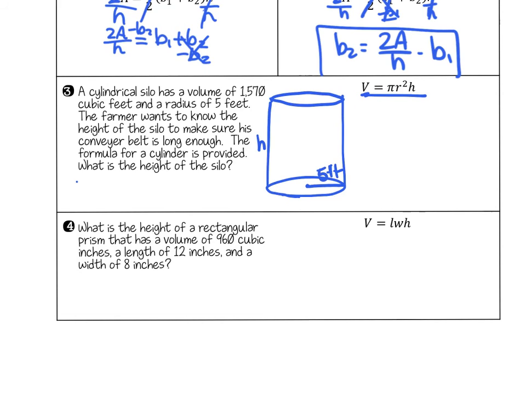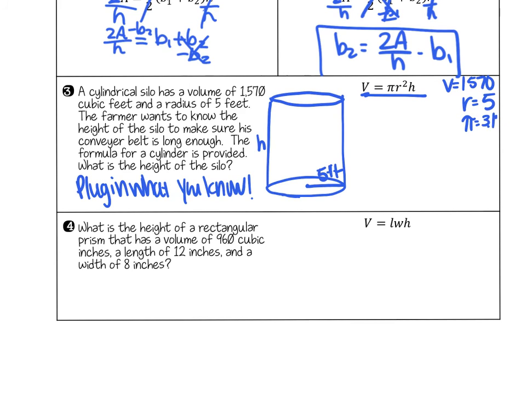So what you want to do is plug in what you know, and then solve for what's remaining, okay? So I know V is 1570, R is 5, and I also know that pi is 3.14. So let's plug those in.